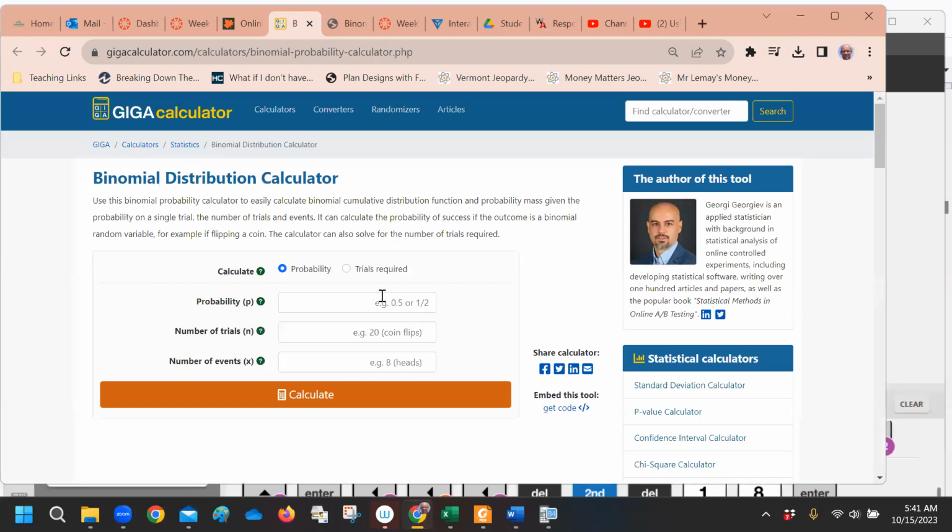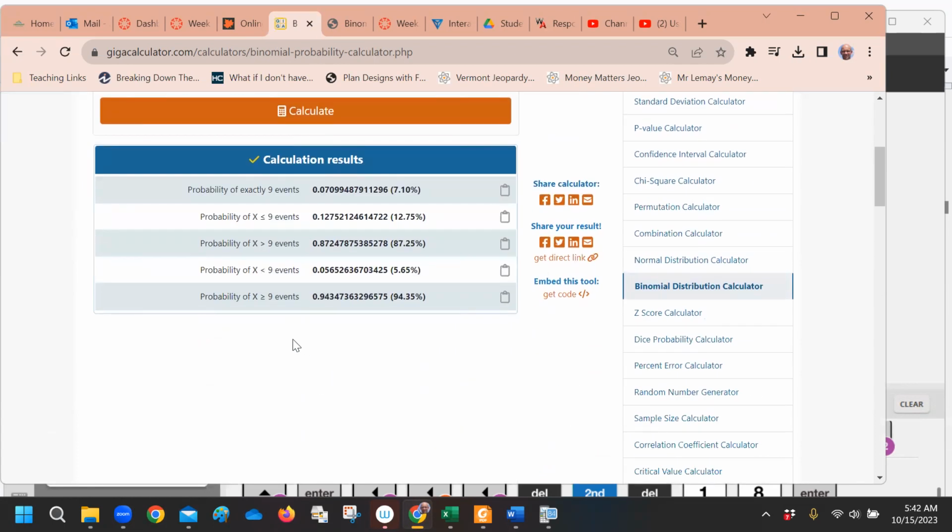So if you don't have that normal probability situation going on, well, let's just do this. The probability is 0.6 and 20 trials, and we want to know 9 or fewer. So in that case, 9 or fewer would be this one.